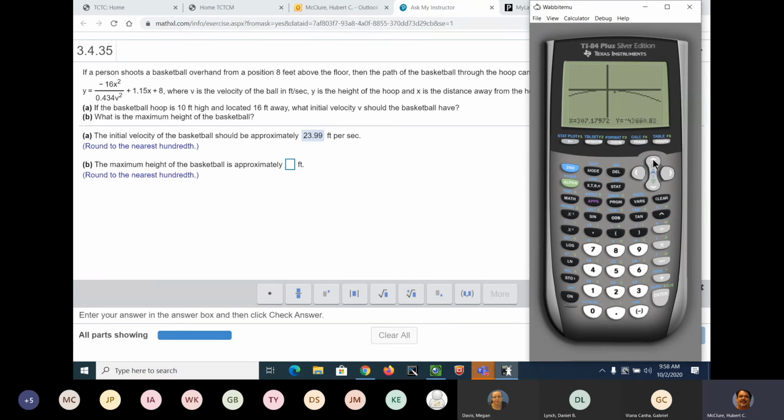You might can just find the max with your. I'm gonna have to zoom in quite a bit. Zoom in. Well, we know it's above 8 because the y-intercept is 8. So we know it's above the x-axis.